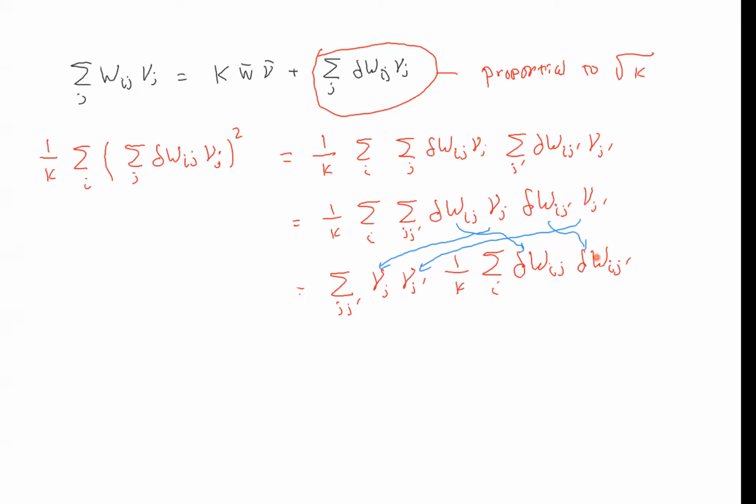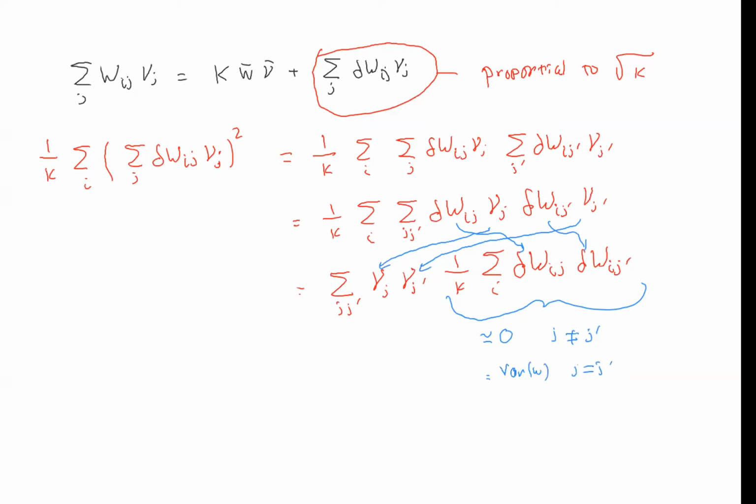So now, this quantity here, because these delta w's are zero mean, this is 0 if j is not equal to j prime, or it's approximately 0. If j is equal to j prime, it is equal to the variance of w.